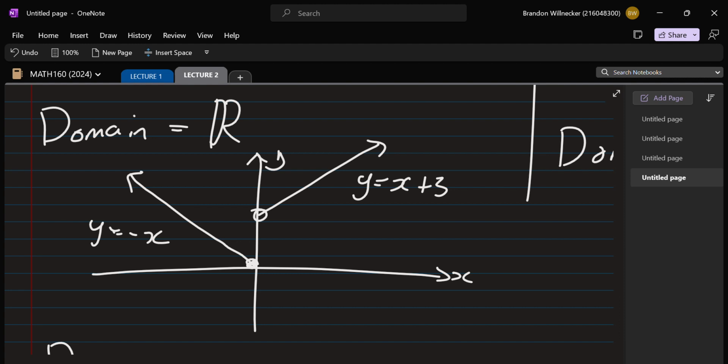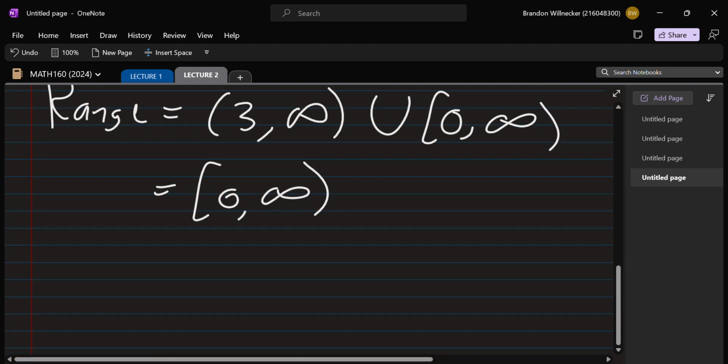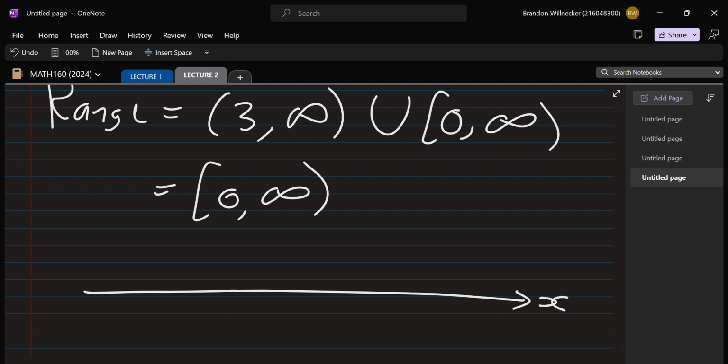Okay, who's not clear with this? Yes? You asked me about the duplicates. Oh, by duplicates, if we just sketch this out here, so let's say we have the x-axis. Slightly above, I'm going to write the first interval from 3 to infinity. So let's say here's 0, here's 3. So 3 all the way to infinity.